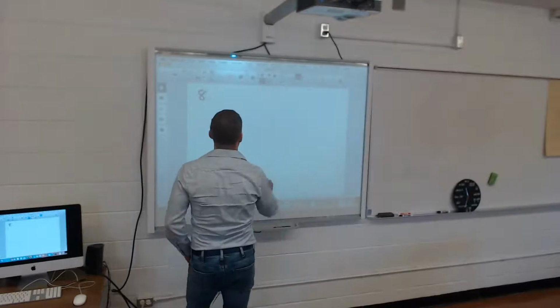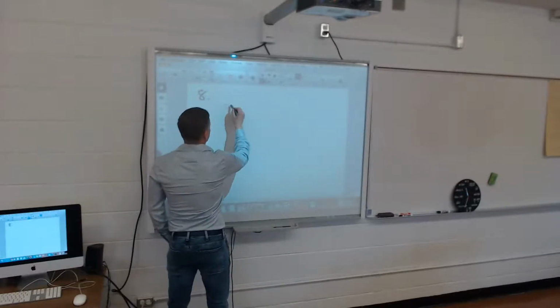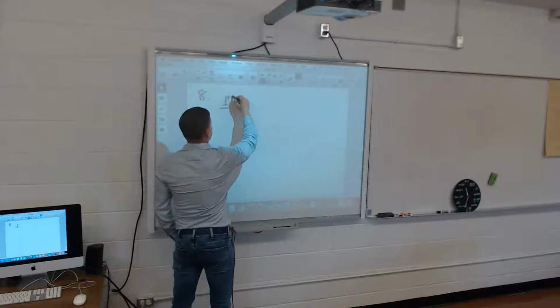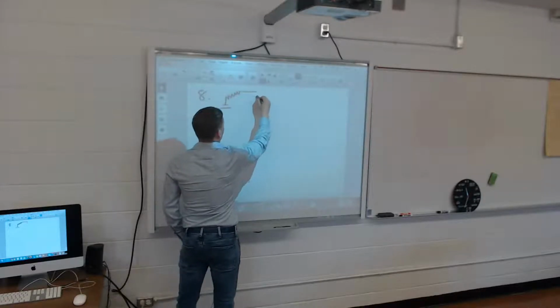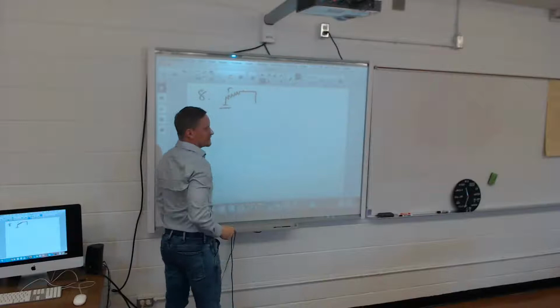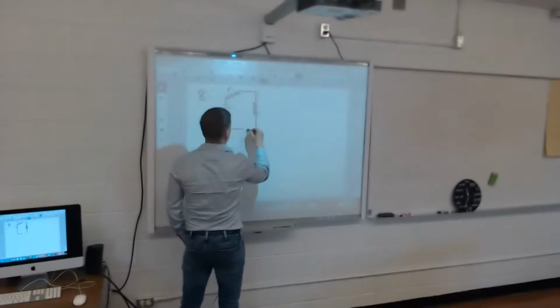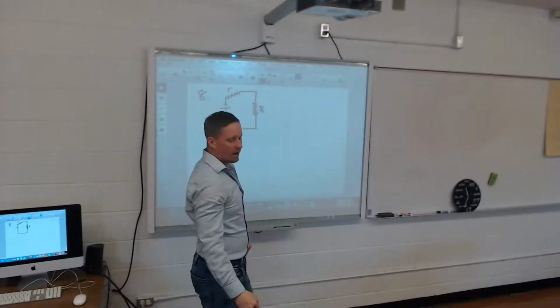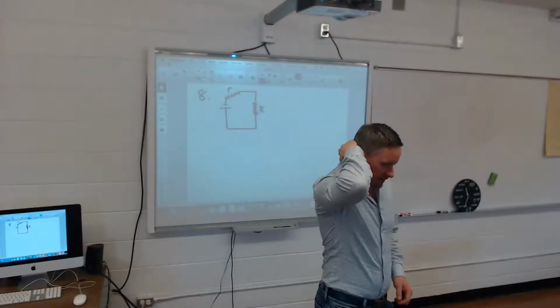Okay, so I don't need to do this, but I'm going to do this just so we have an idea. So I have a battery that has an internal resistance, and then I have a load resistance connected to the outside of it. Okay, so again, I like my charts.